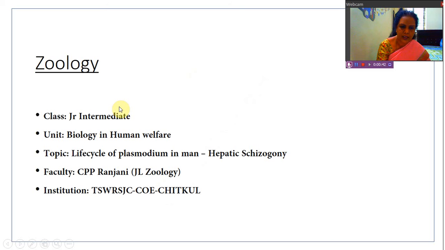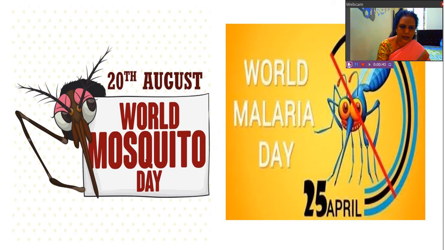It is 20th August. And World Malaria Day was declared by the World Health Organization, that is on 25th April. 20th August World Mosquito Day and 25th April World Malaria Day. These 2 days you have to note down and remember.